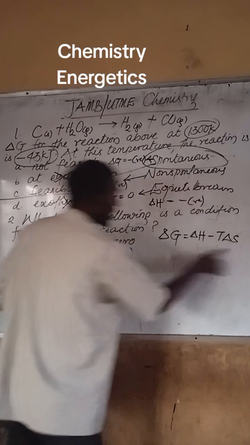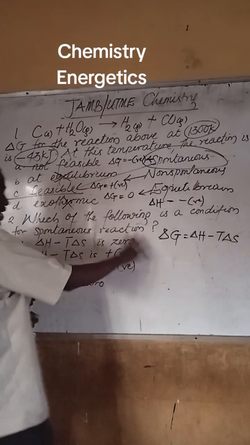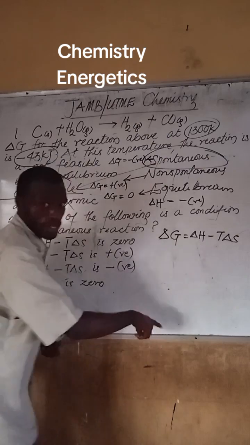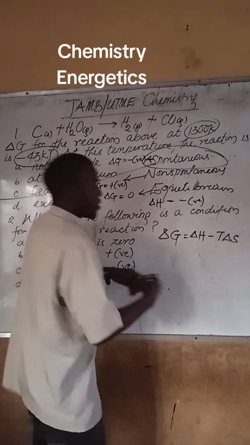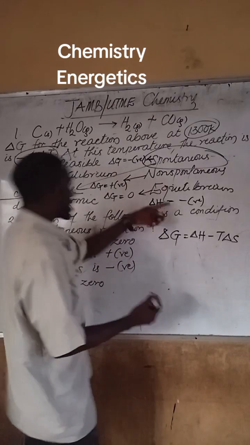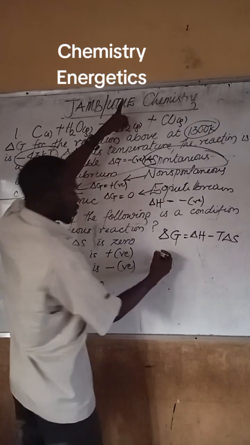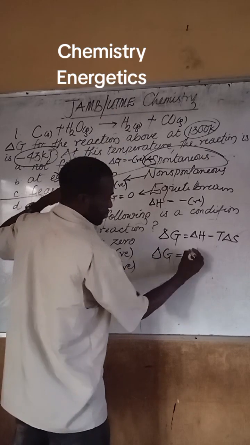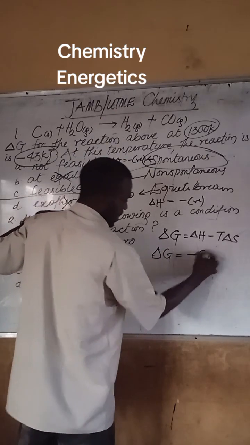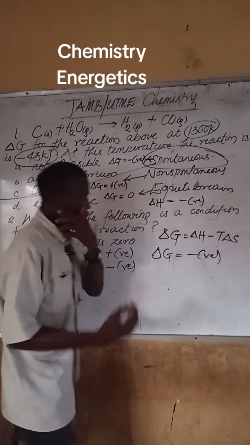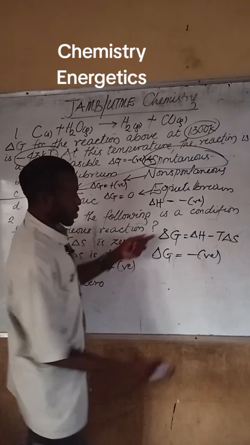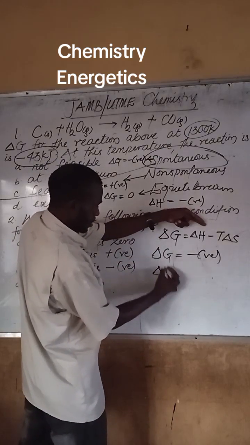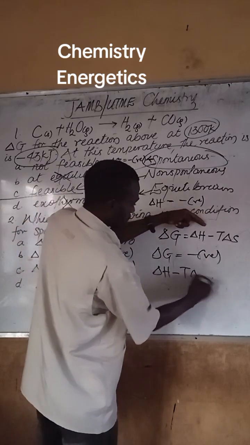Recall that I said the change in Gibbs energy must be negative for a spontaneous reaction. So one of these must be true, that delta H minus T delta S must be negative.